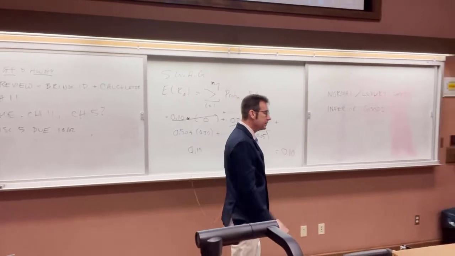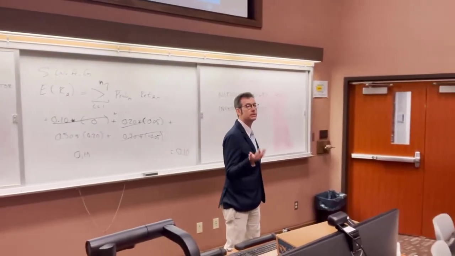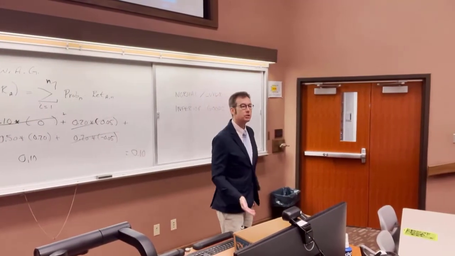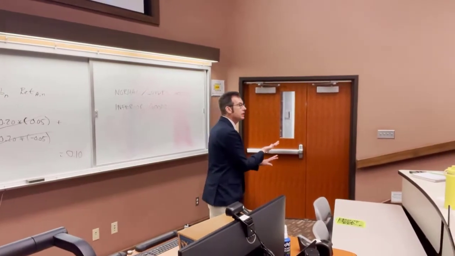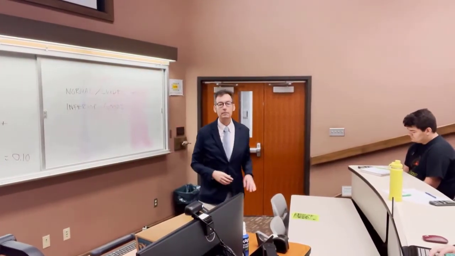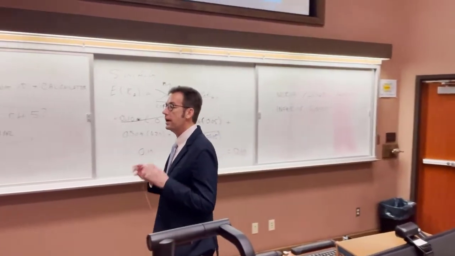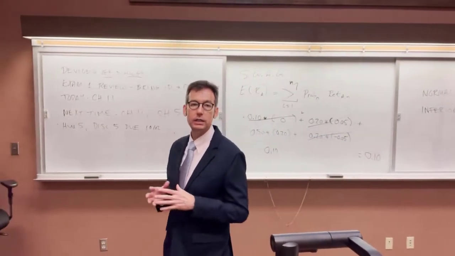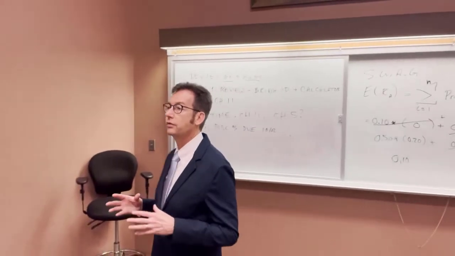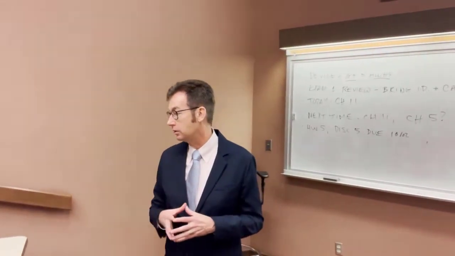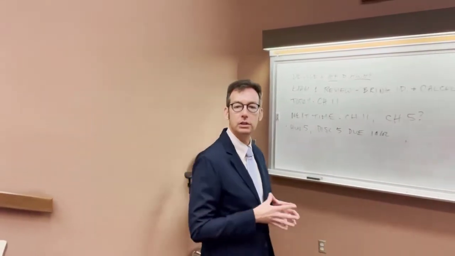Now, what does a negative covariance tell me? It tells me that these things have a tendency to be moving in opposite directions. But I can't tell you anything really great about the magnitude because covariance has the same units as variance. Does anyone remember what the units of variance were?